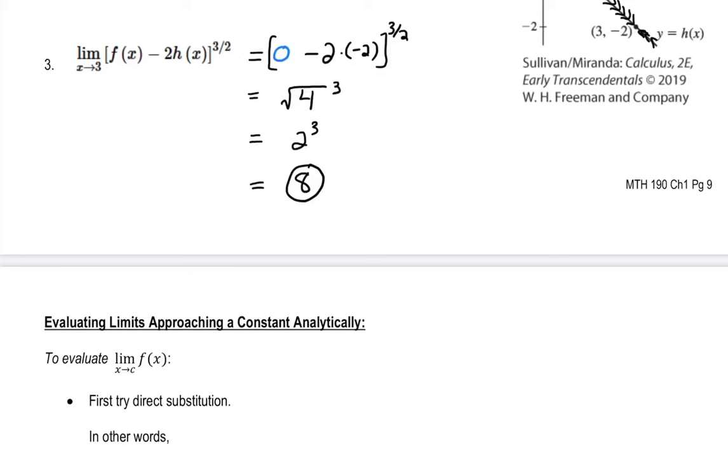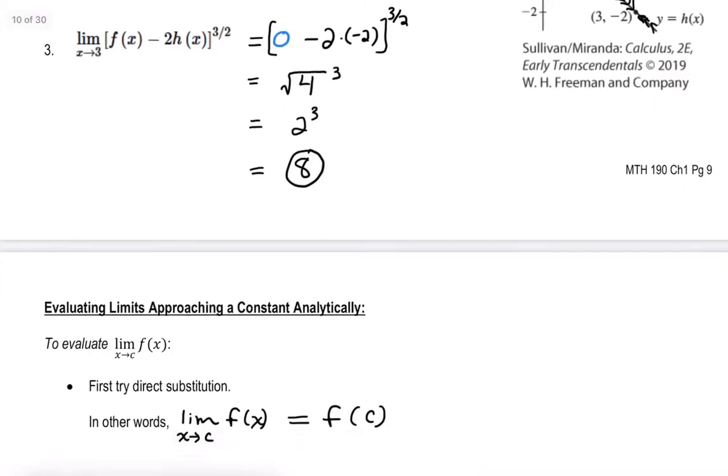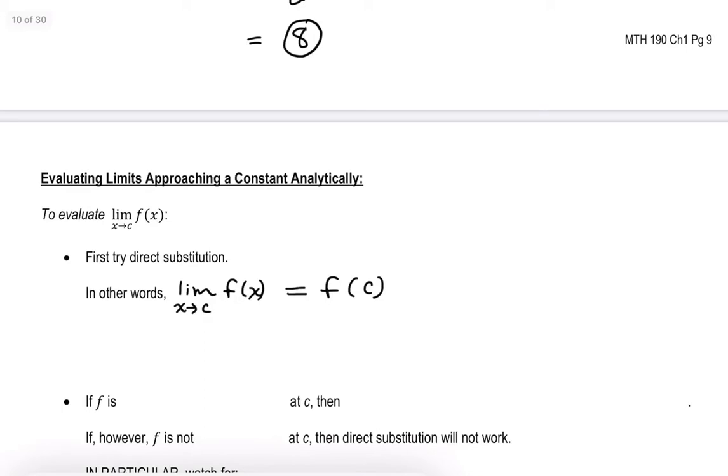So in other words, we're going to try to take this limit as x approaches c of f of x. We're just going to simply try to evaluate that by subbing in c. So notice here, my key phrase in this case was try.